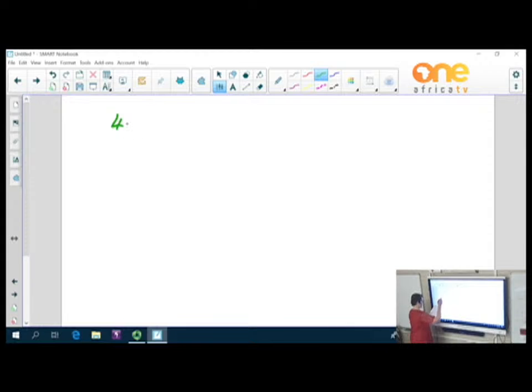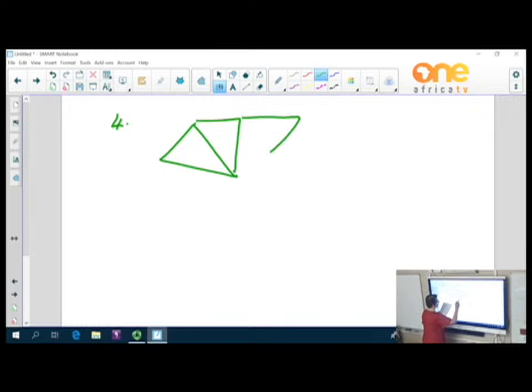Question 4. Now, here we've got 3 right-angled triangles, so we'll have to look very carefully there in which one we are working, but it is still right-angled triangles. This angle here is 37, that side 550, 420, and 56.